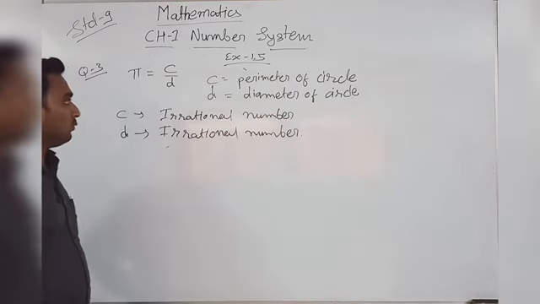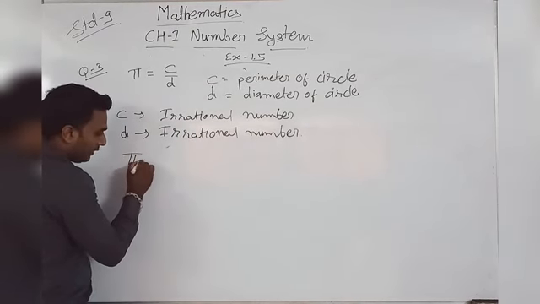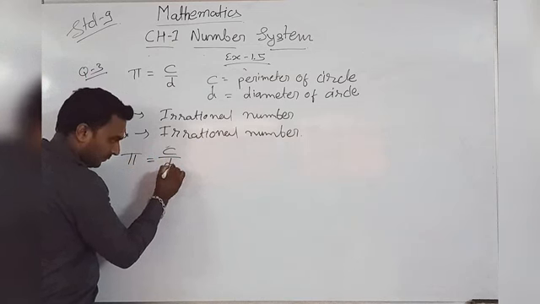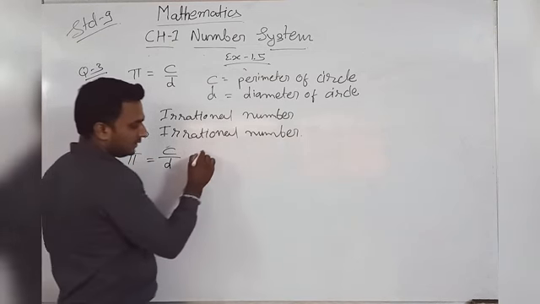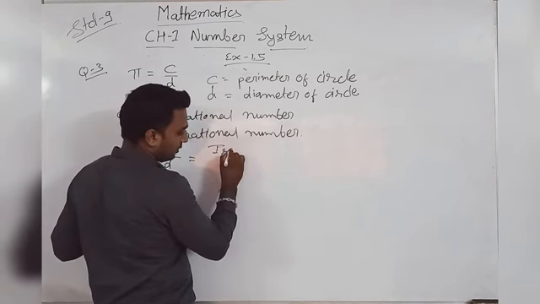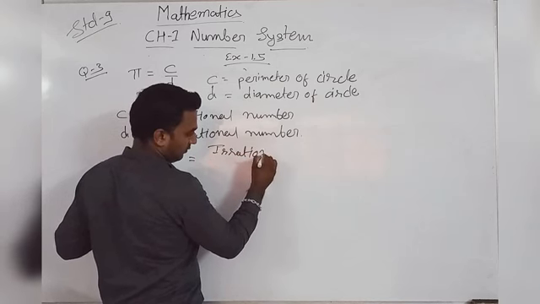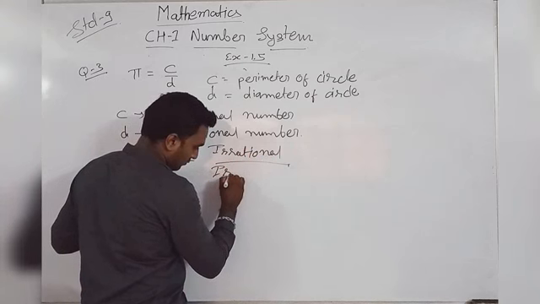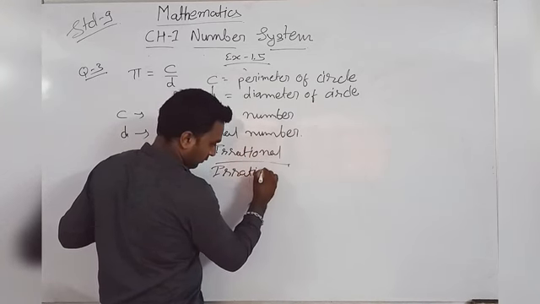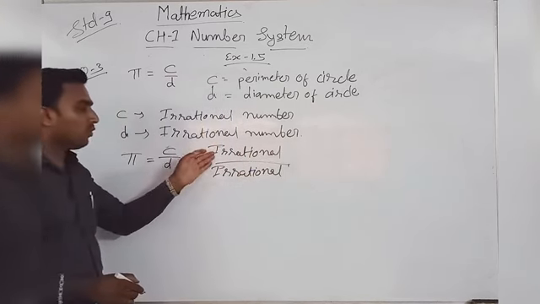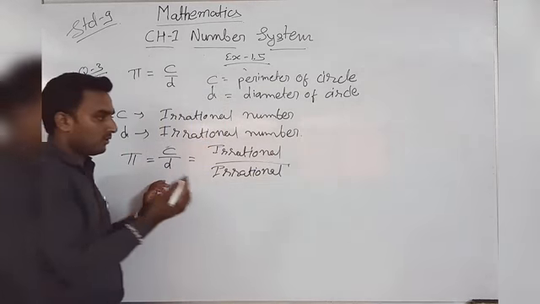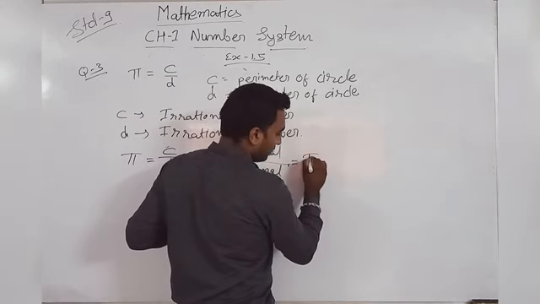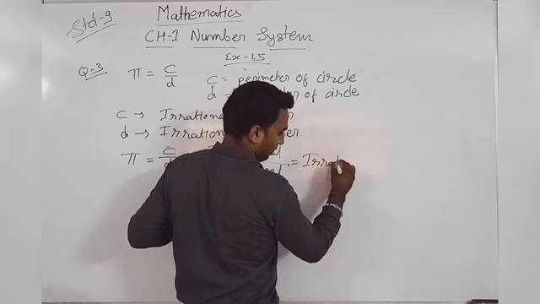So now we know that pi is equal to the value of C divided by D. Then what is C? C is an irrational number and D is also irrational. So the division of both irrational numbers is always an irrational number.